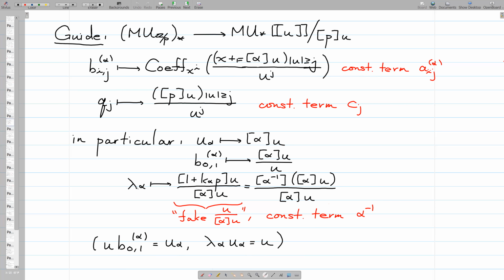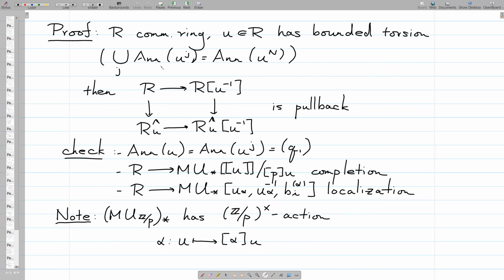And if we complete at U, we complete all of them. So that's in fact where the proof comes from. It's basically analogous to what Strickland did, which is that you have a standard result from commutative algebra, which says that if you have an element with bounded torsion, then if you invert U and complete at U, the original ring is a pullback.